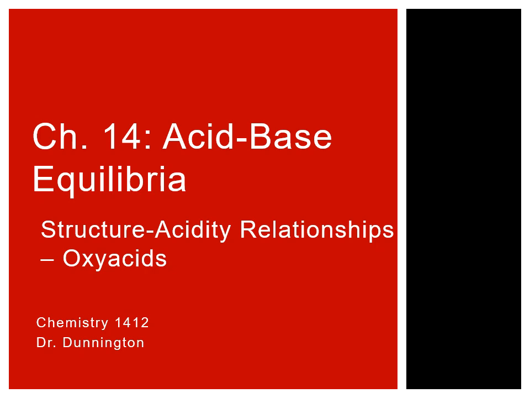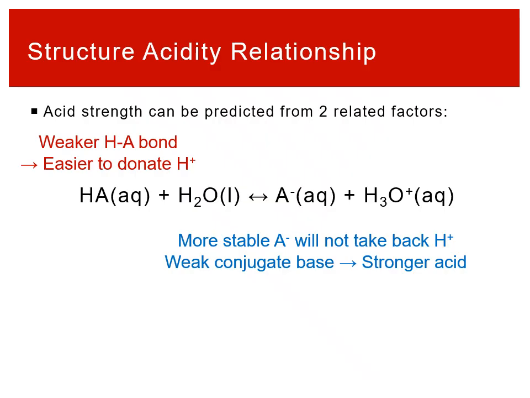We want to continue this idea of being able to predict relative strengths of acids based on what's in the molecule, but now we want to focus in on oxyacids. So again, when we are predicting acid strength, we can use one or both of our options. Is the acid strong because the HA bond is weak?